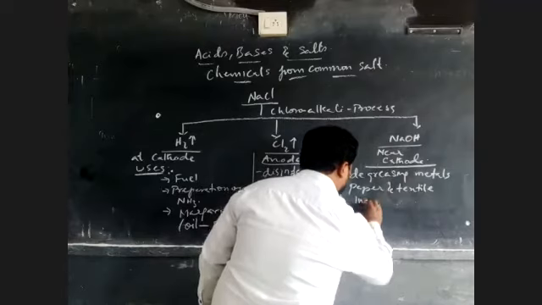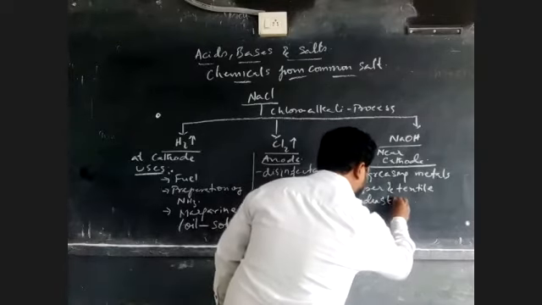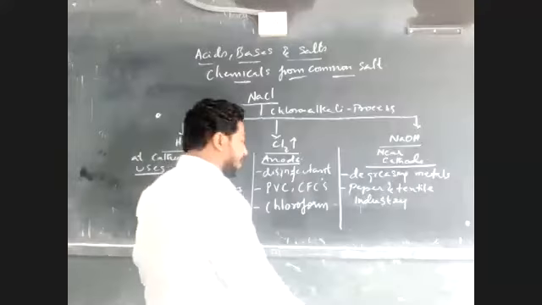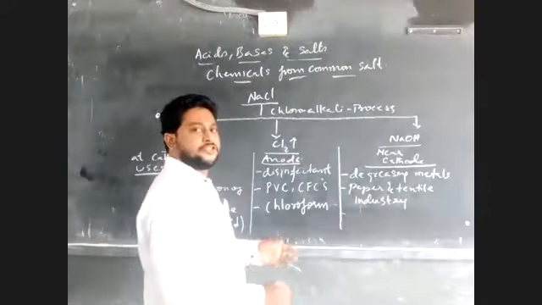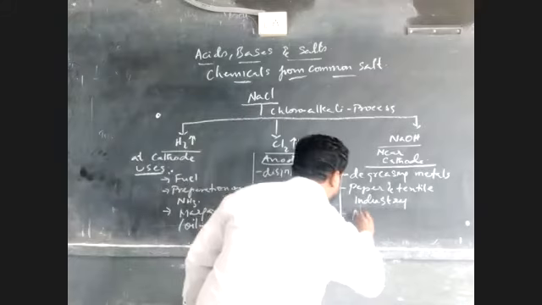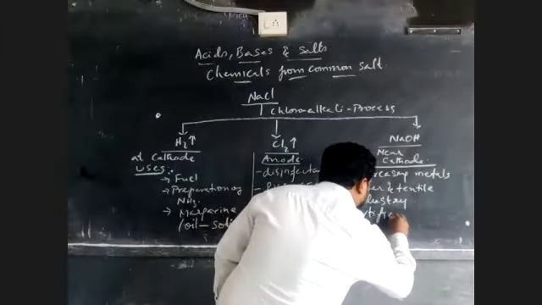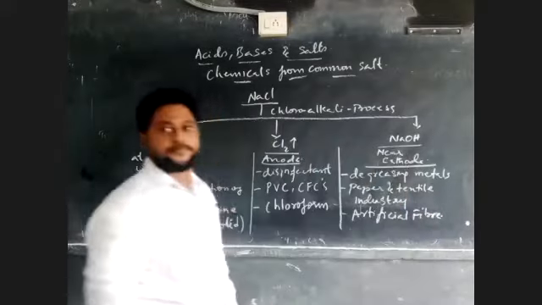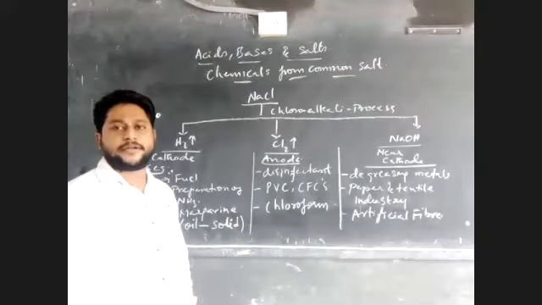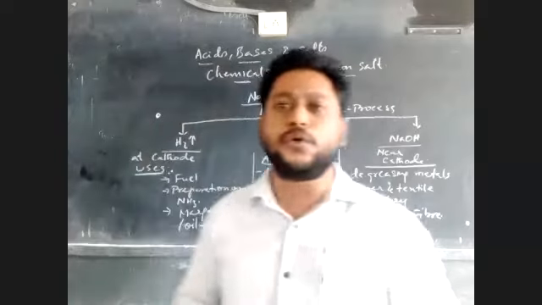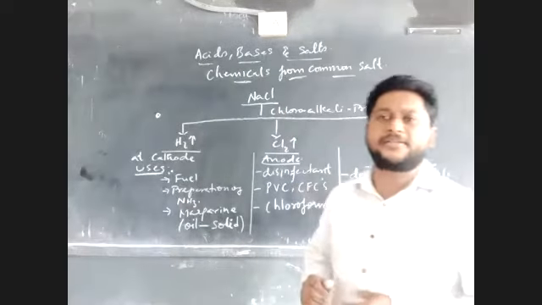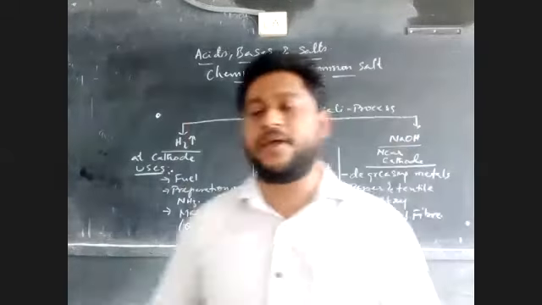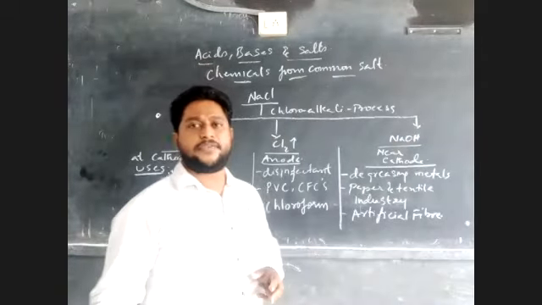And not only that, it is used in the preparation of artificial fiber. Okay, so these are the few uses of the hydrogen gas, chlorine gas, and NaOH that are obtained from the NaCl.